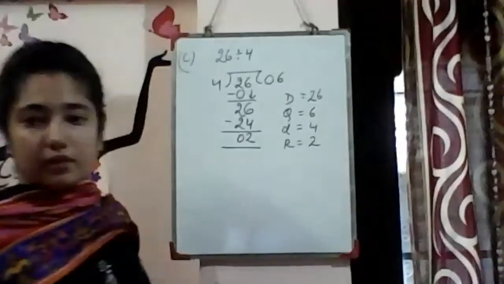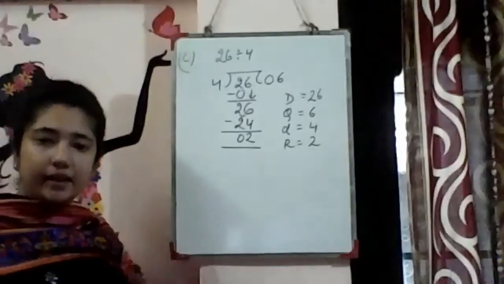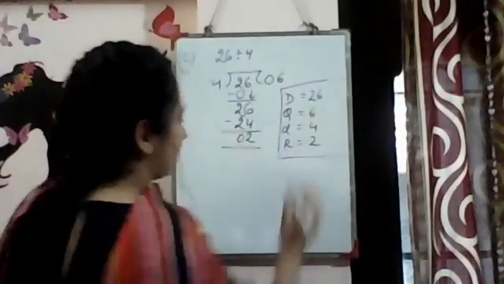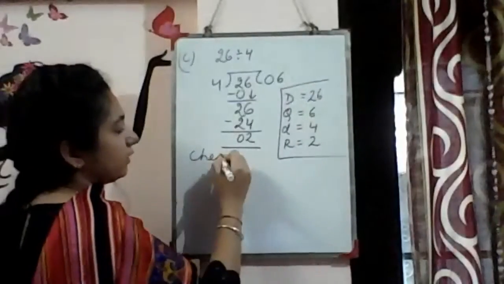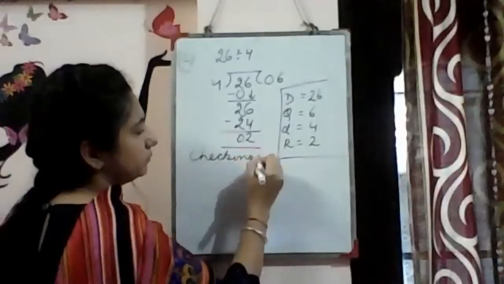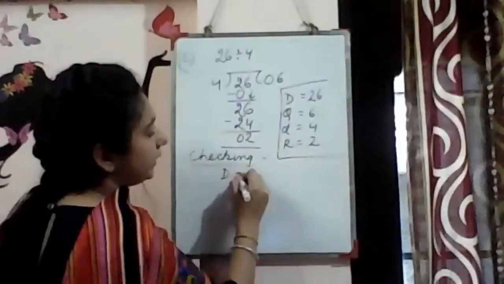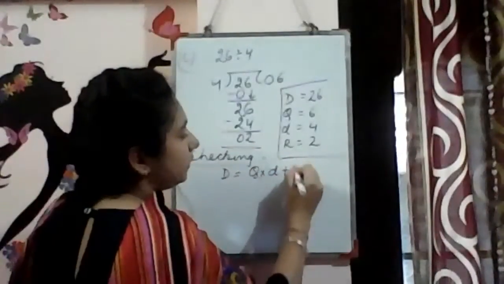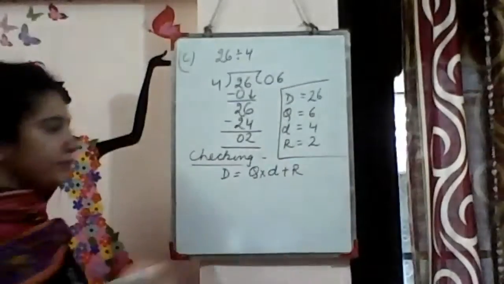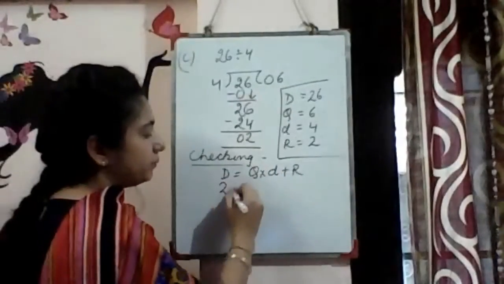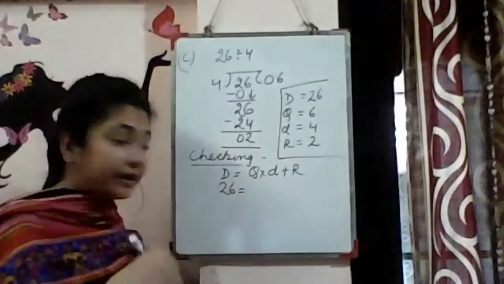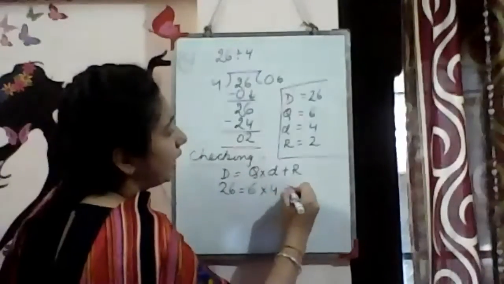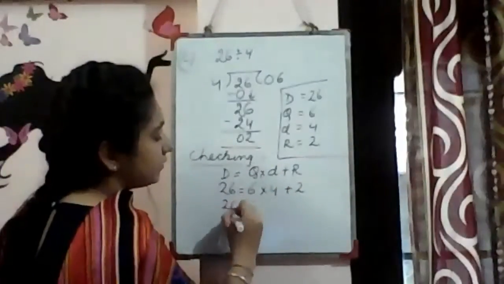Okay. Dharya, she is in second green. Okay. Checking. Capital D is equal to capital Q multiplied by small d plus R. Okay. So capital D, you know, is the number which is being divided, quotient is 6, divisor is 4 and remainder is 2. And firstly what we will do?